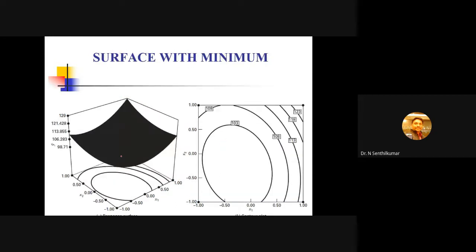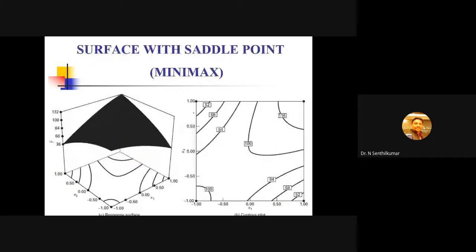Here we are going to have the minimum value. So this is the surface with the minimum value, and this is the surface with the maximum value, which is known as the saddle point. So in the same surface, I have a minimum value and I have the maximum value, which is called the min-max condition.